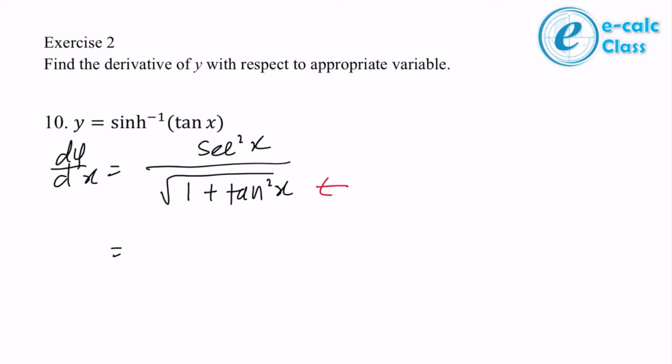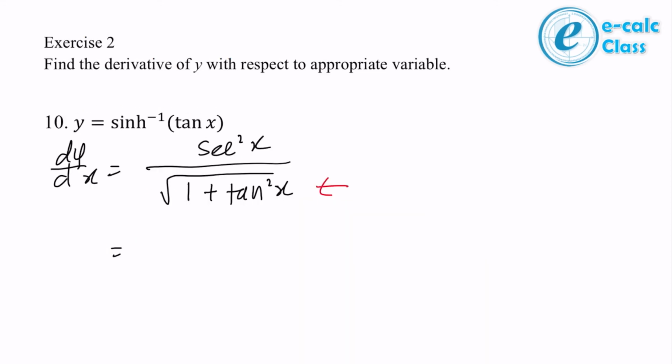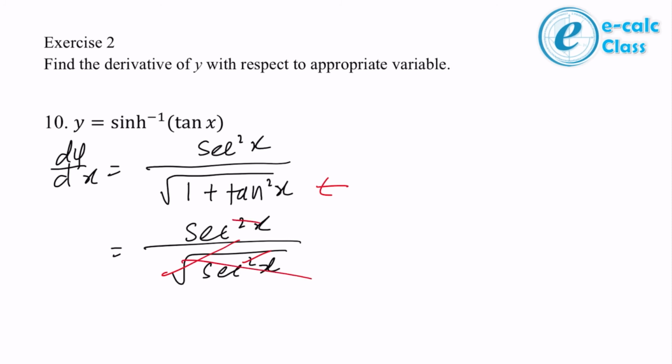This is actually your identity, right? 1 plus tangent square, this one is secant square. So secant square x. Secant square x. This and that can cancel, the entire thing can cancel, so it is secant x, and that's it.